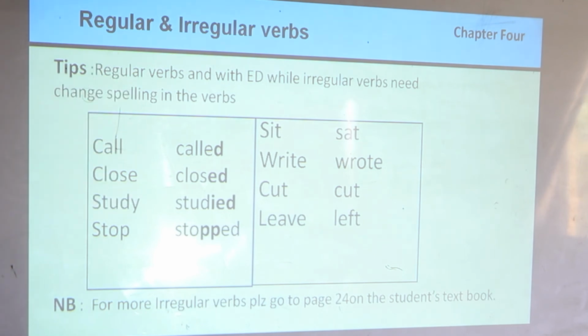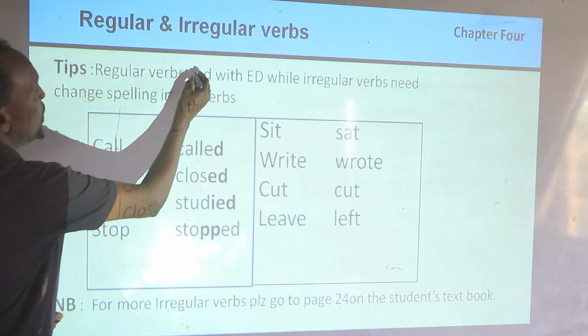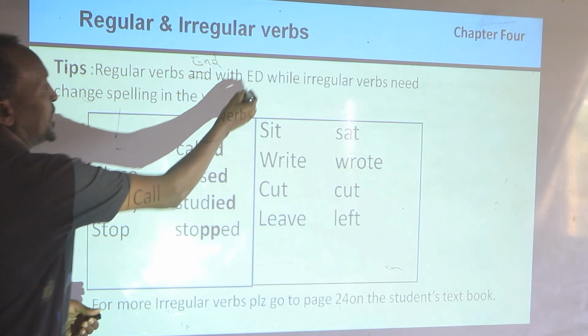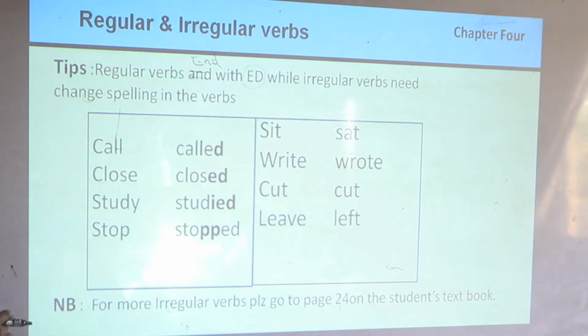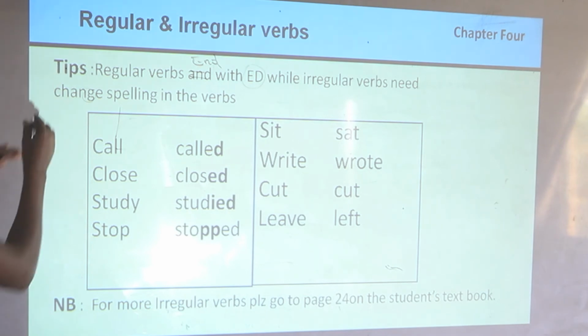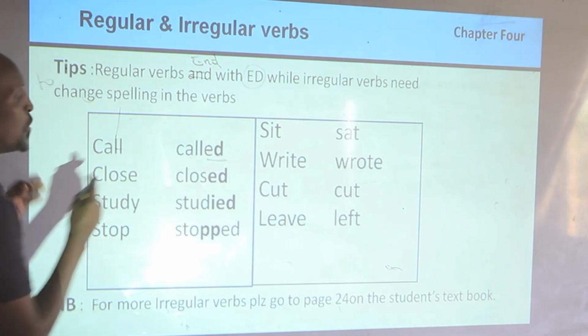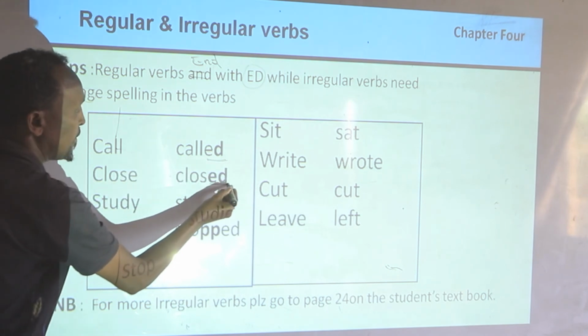Regular verbs take ed, while irregular verbs need to change the spelling in the verb. For example, look here. Call becomes called, and close becomes closed.